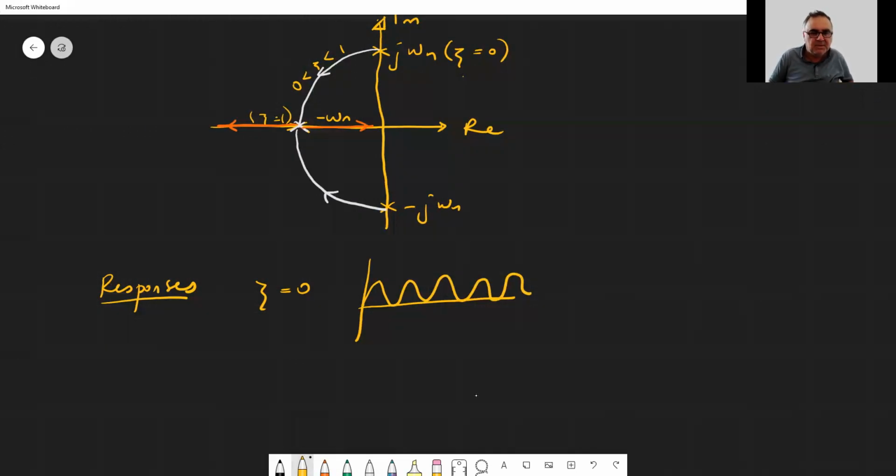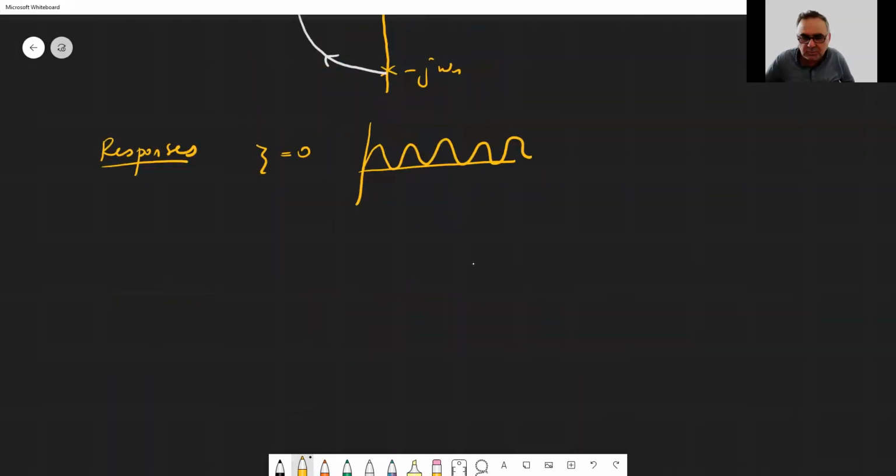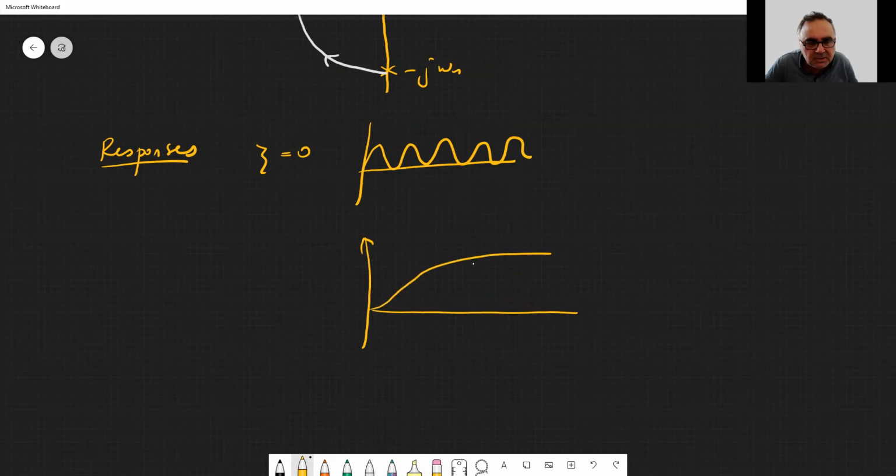Okay. I have drawn the underdamped one. For overdamped, the responses would look like this. They are a little bit like this, zeta is greater than 1.